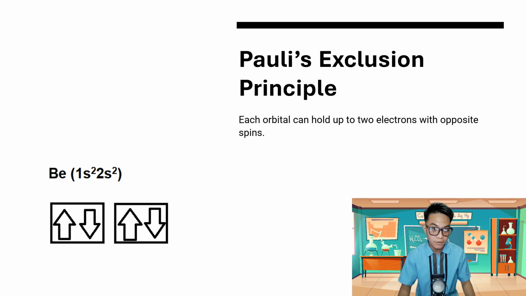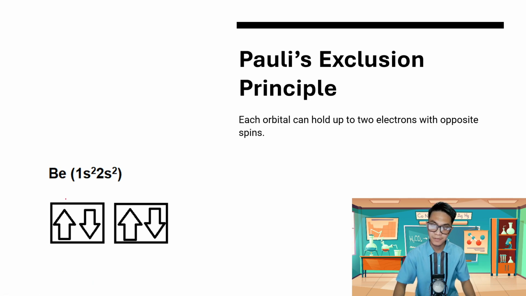Now, this second principle is called Pauli's exclusion principle. So what does this principle mean? This means that each orbital can hold up to 2 electrons with opposite spins. As I mentioned in my previous lesson, the S block can house a maximum of 2 electrons with only 1 orbital.